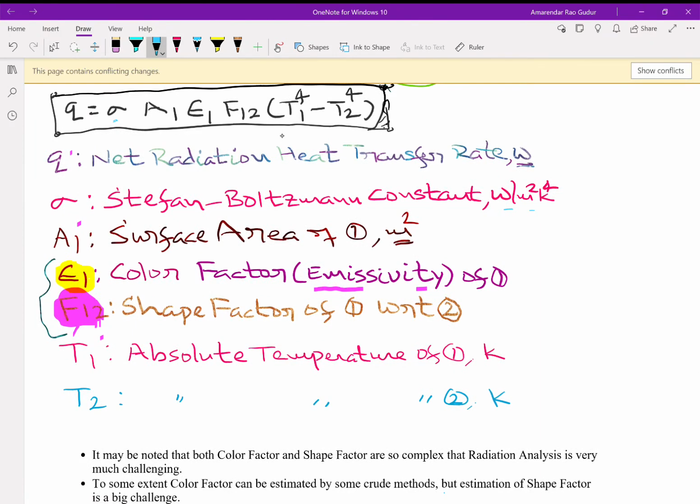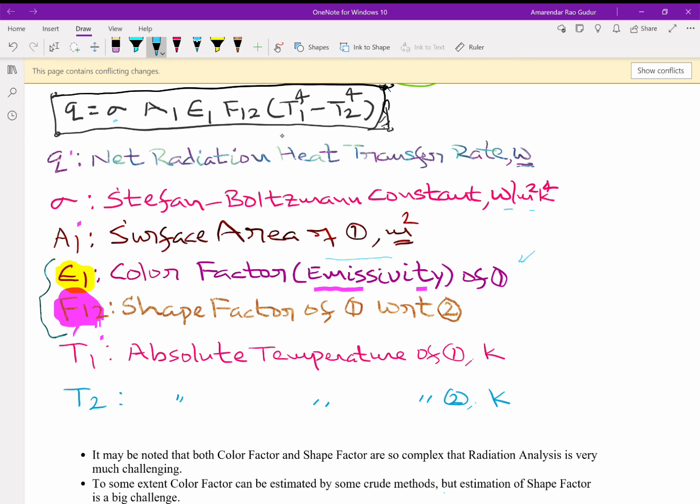Epsilon 1 represents the color factor of surface 1. Under some special conditions, we may call it emissivity. And F12 represents the shape factor of 1 with respect to 2. So the color factor takes care of the color of the surface, the non-blackness of the surface.